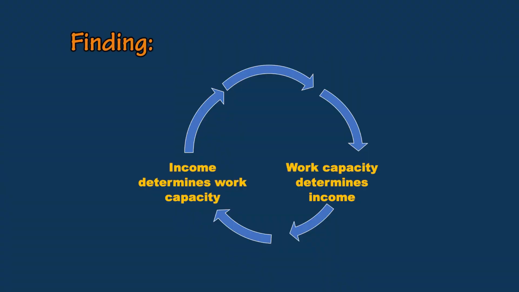Now the work capacity curve tells us that income also determines work capacity. So, there is actually a circular type of relationship between work capacity and income. Work capacity determines income, income also determines work capacity, and so on.